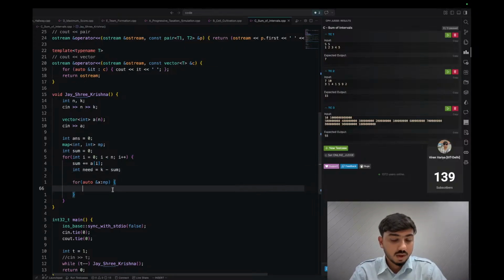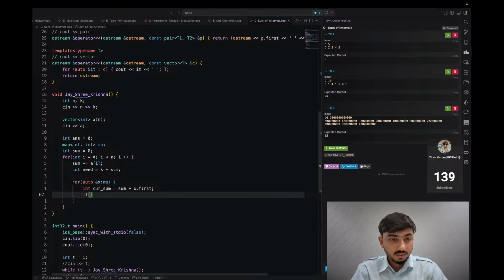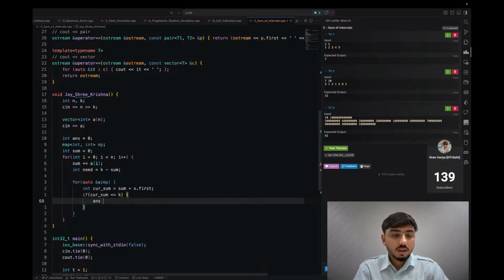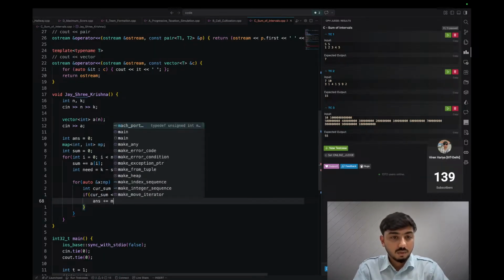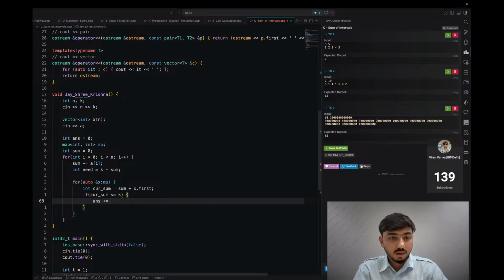For now, int current sum is equal to sum plus x dot first, if less than or equal to k, answer plus equals mp of x dot second, else break.